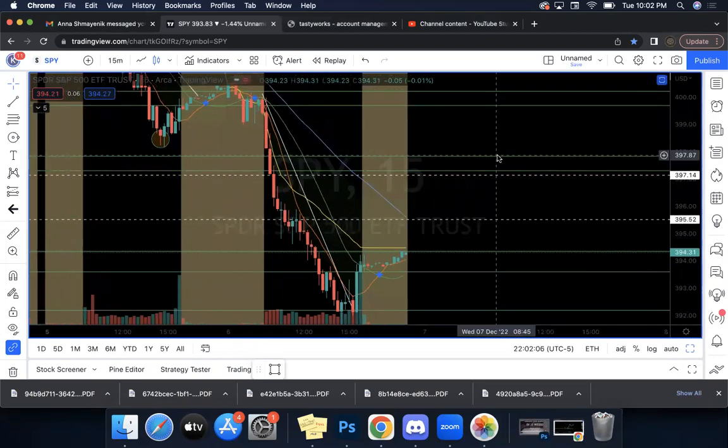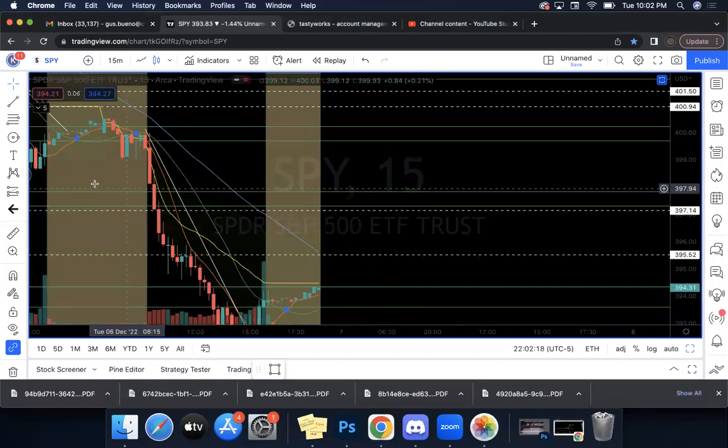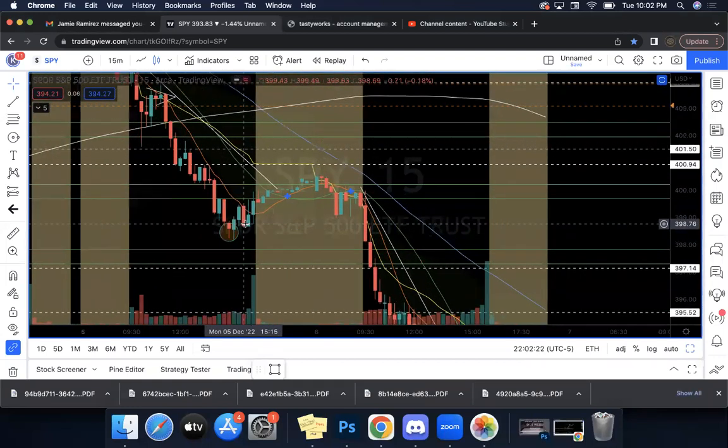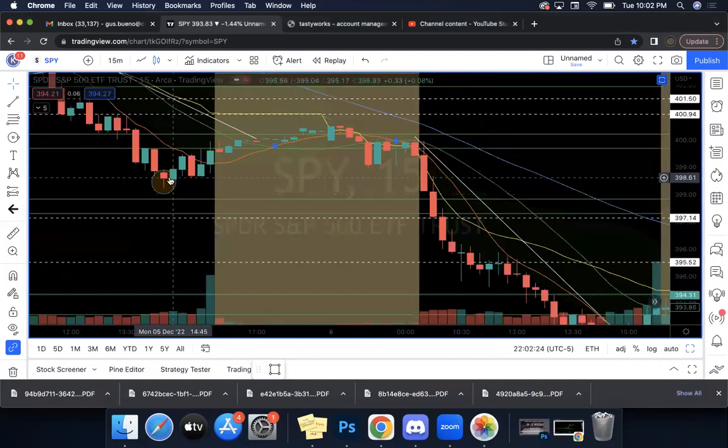All right. So we got SPY here, right, team? So what pattern you guys think this one is? This is tweezer bottom right here. It came at the bottom, actually at the very bottom of the SPY intraday trading, and it bounced.